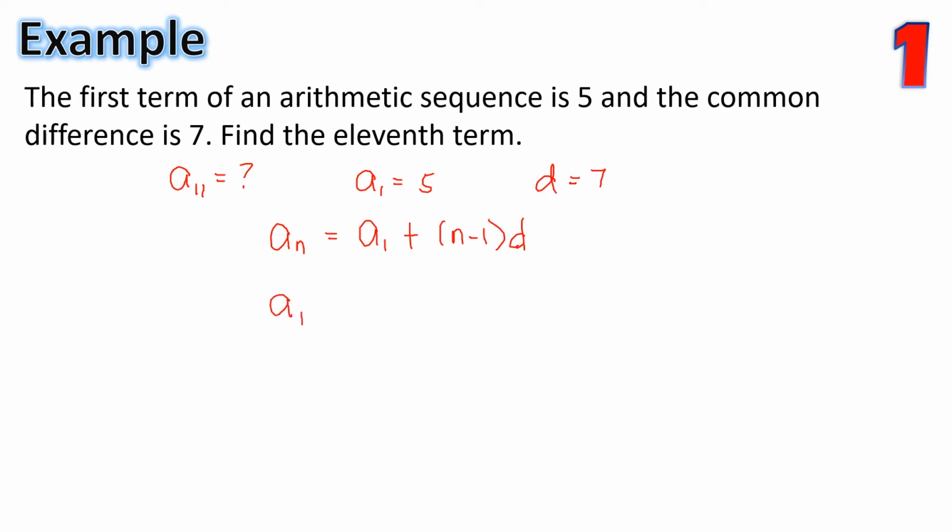So we have a sub 11 equals 5 plus, in here, n is equal to 11, because we're looking for a sub 11, therefore n, the number of terms, is 11, minus 1 times 7. So we have 5 plus 10 times 7. 10 times 7 is 70. Therefore, the 11th term is equal to 75.